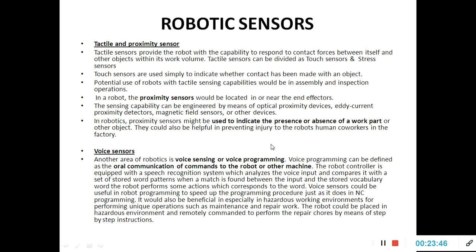Voice sensors. In voice sensors, voice programming, that is oral communication, is used to command a robot or other machines. Here the robot controller is equipped with a speech recognition system, which analyzes the voice input and compares it with a set of stored word patterns until a match is found between the input and the stored vocabulary words of the robot.